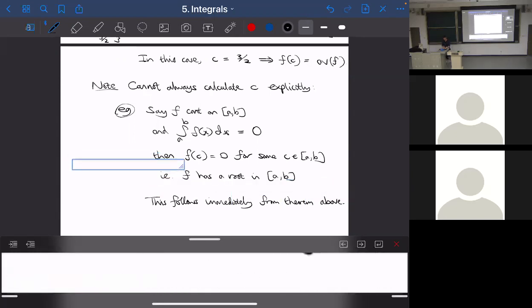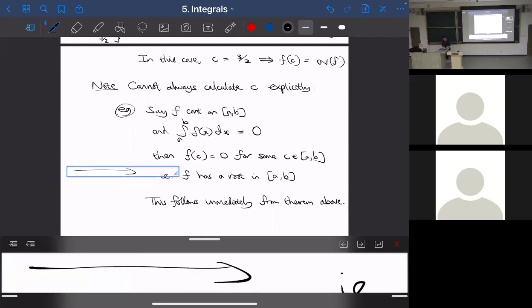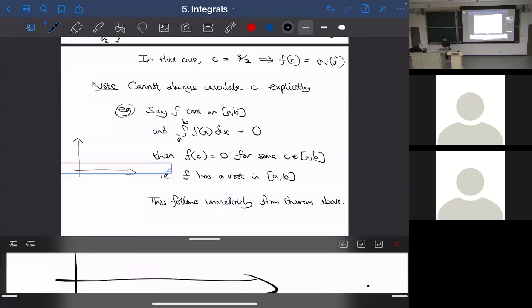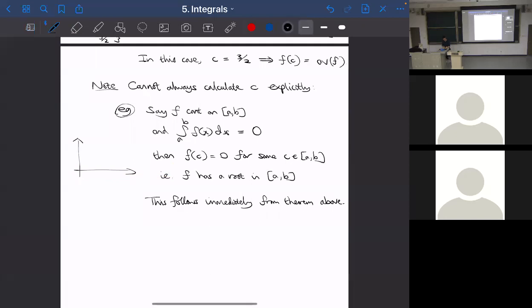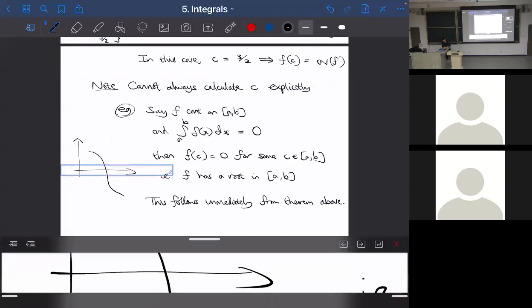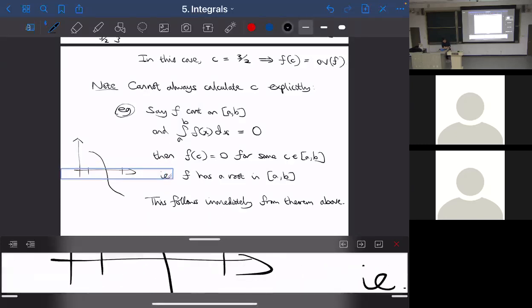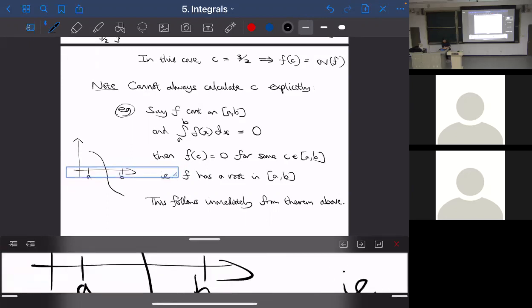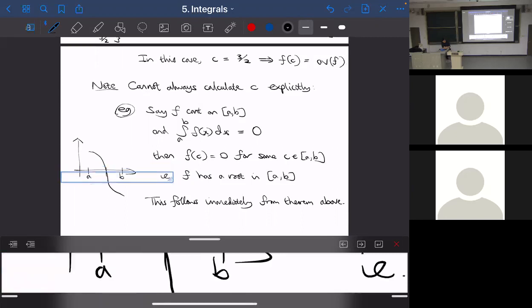So to draw a picture, you remember that if a function has some positive values and some negative values, then when I do an integral, say from a to b like this, these can cancel out.